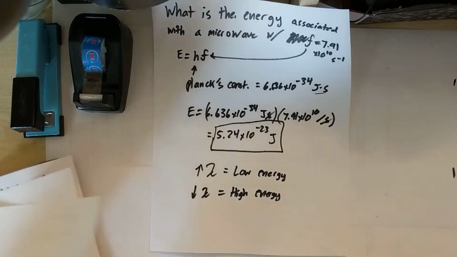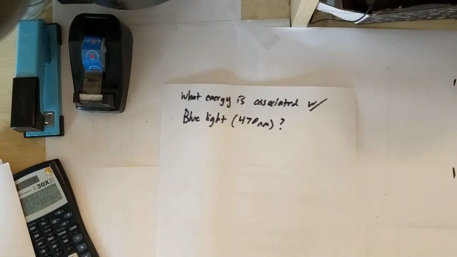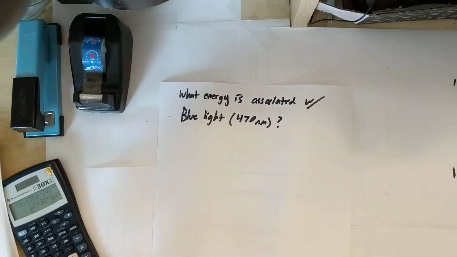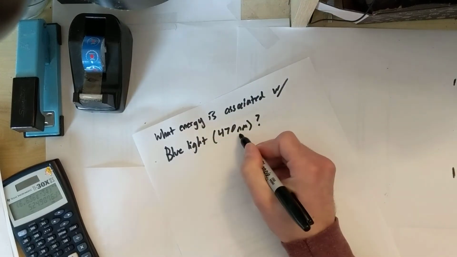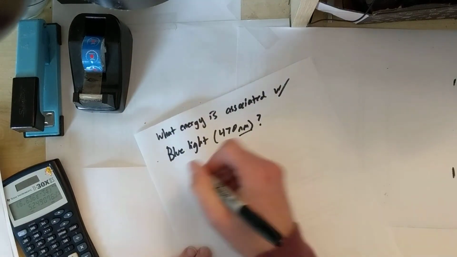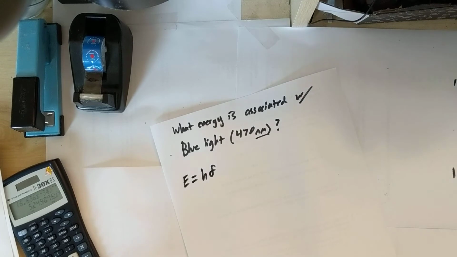Let's move on to a slightly more complicated problem. This one is with actual light this time. With actual light, you're normally given a wavelength in units of nanometers. This is a problem because of the formula that we have, E equals HF. I'll do a very quick rearrangement.